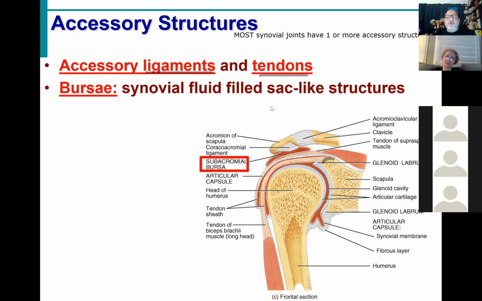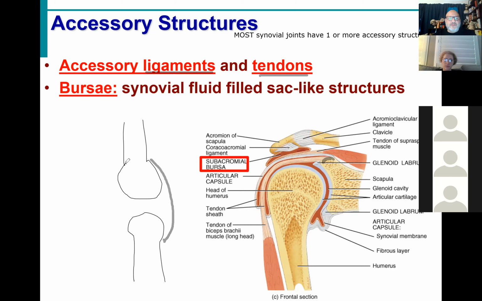We can also form extensions of the synovial capsule. That articular capsule, and let's do a simple drawing of this. So here's one bone, here's the second bone. Again, as we've talked about, there is going to be this articular capsule that is going to surround it. But one of the things that can happen is there can be an extension of this synovial capsule.